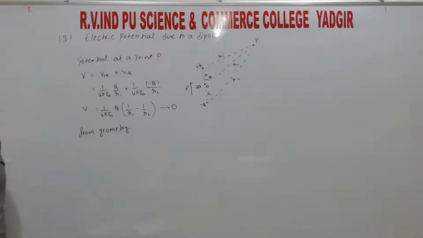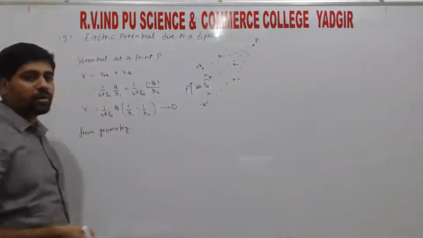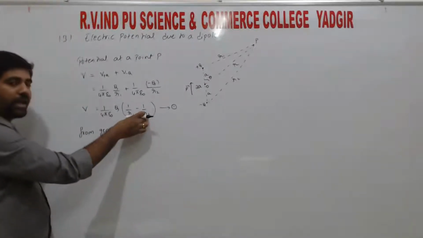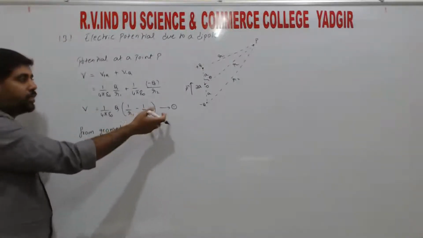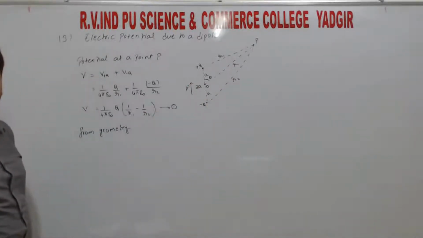From geometry, we need to find the distance r1 in terms of r. Here we have r1 and r2, and we are replacing these two terms with the distance with respect to r and a.